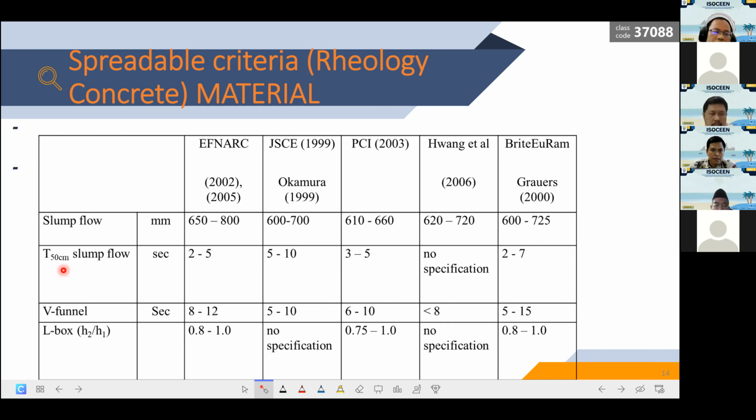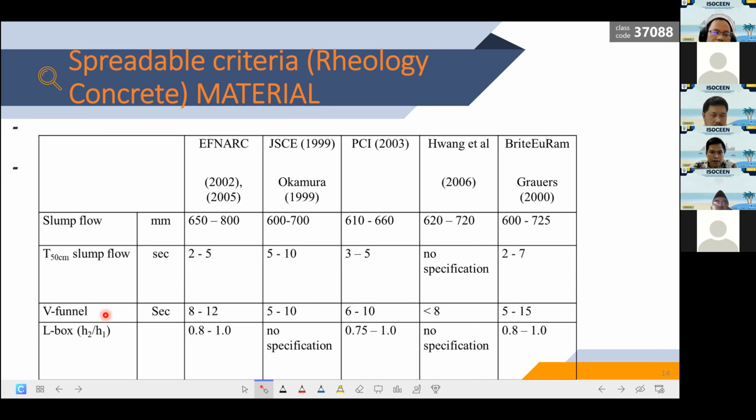The T50 slump flow time is in the range of 2 to 5 seconds according to EFNARC. According to the Japanese standard, 5 to 10 seconds.